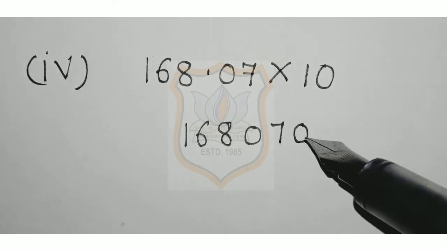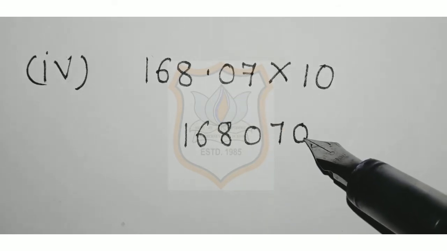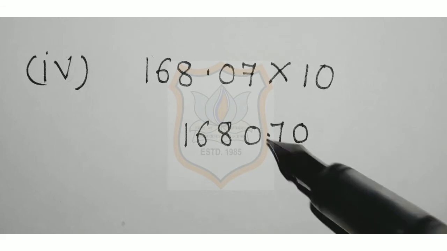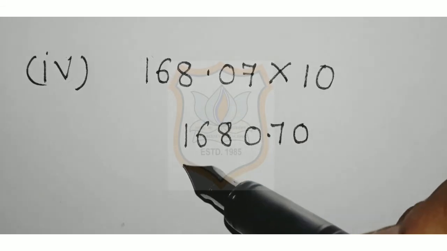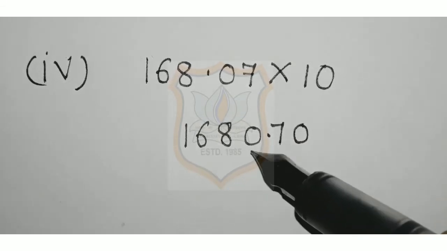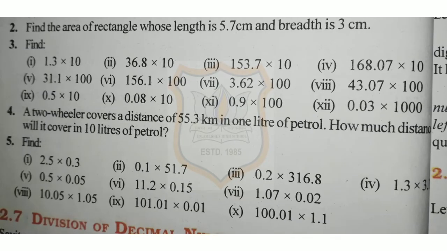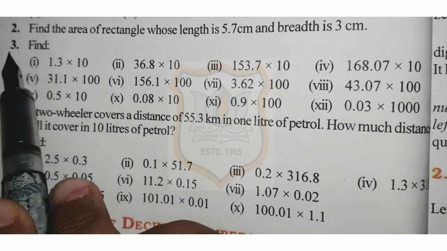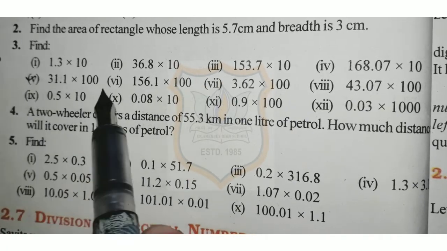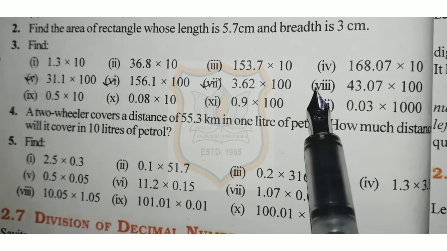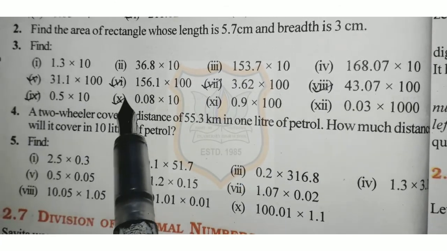So in the answer it will come after 2 digits, that is 0 and 7. It will come over here. So our answer will be 1680.70.